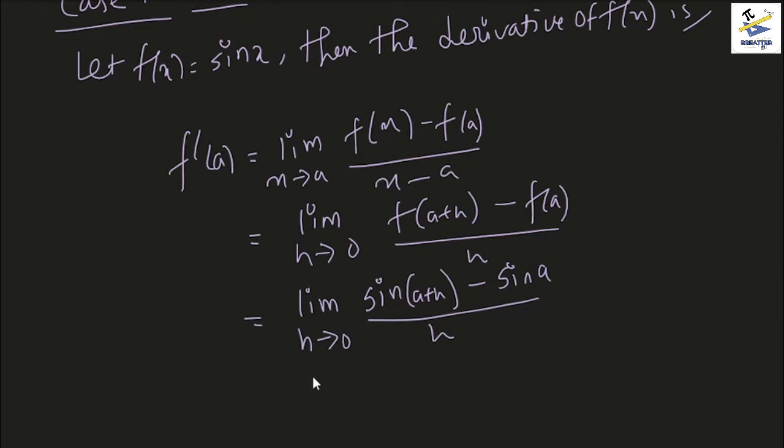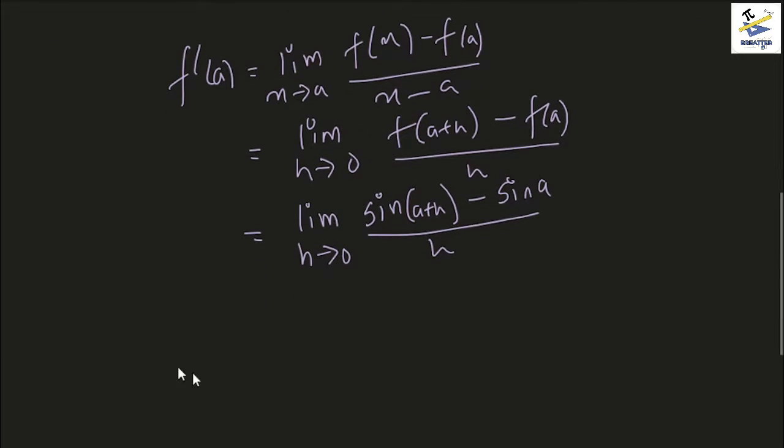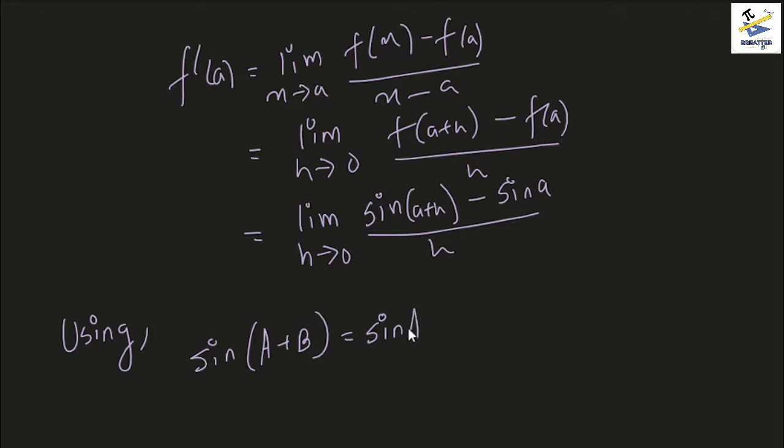like this, right? Now we can use the formula for compound angles, that is, we can add and subtract angles inside sine, and we can also expand them. So we can use the formula sine of a plus b equals to sin a cos b plus sin b cos a.